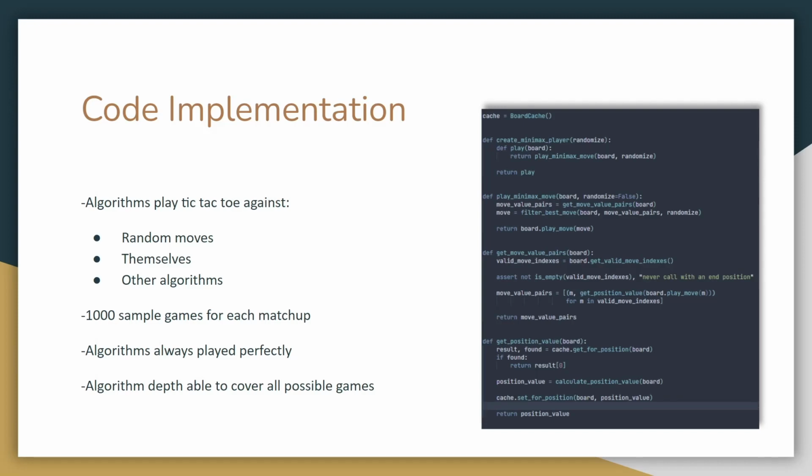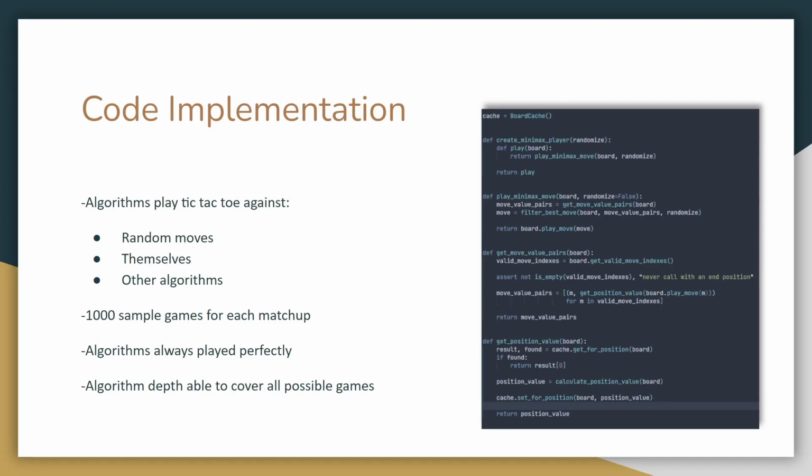You have a certain set of legal moves, and you can represent every single game by a tree. So we did reduce our complexity by going with tic-tac-toe, but it has all the same concepts as a chess game would. Within the script that we found online, we tweaked it a little bit in order to actually run the algorithms that we wanted.